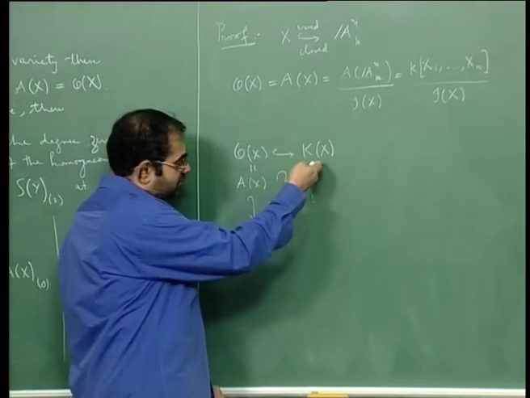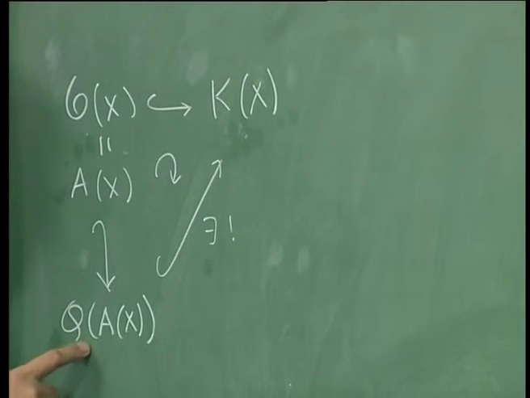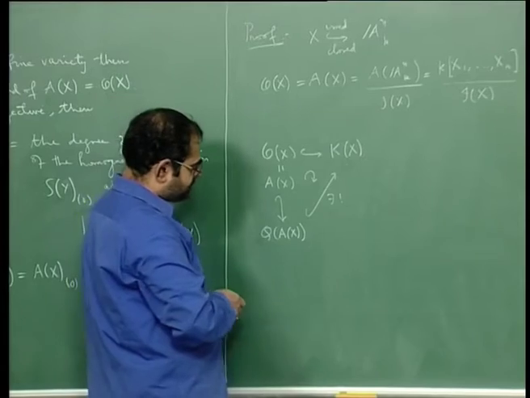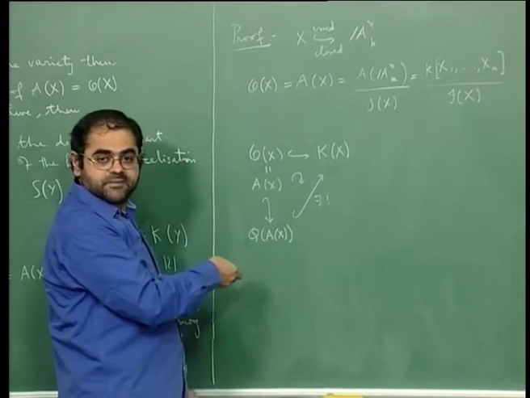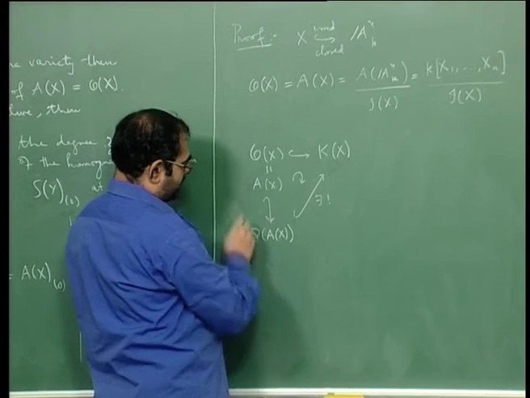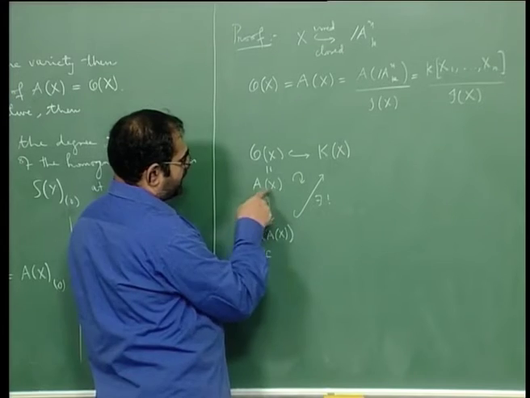So if some other field contains that integral domain, then there is an isomorphic copy of this quotient field inside that field, and that is what is given by the image of this map, which is an injective map. And in fact it's pretty easy to write out what this map is. See, what is the quotient field of A(X)? You see A(X) is given by polynomials f and g. A(X) is just O(X).